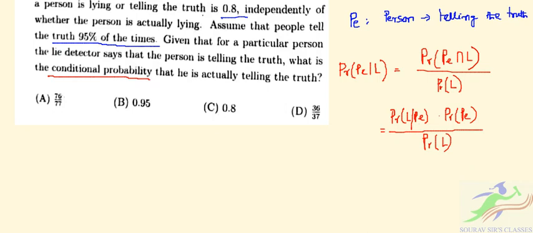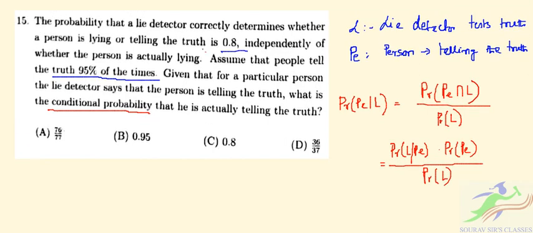Here this value is given: the probability that a lie detector correctly determines whether the person is lying or telling the truth is 0.8. So this is given as 0.8.